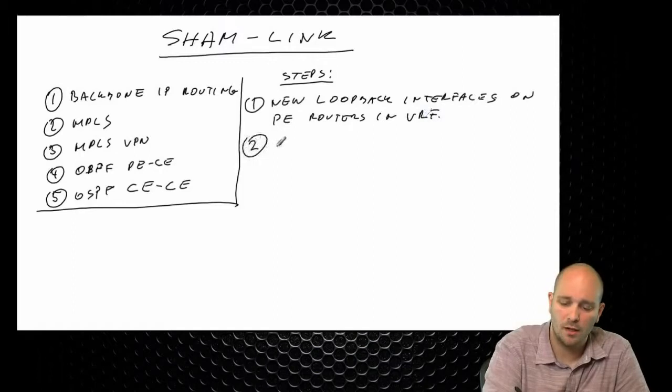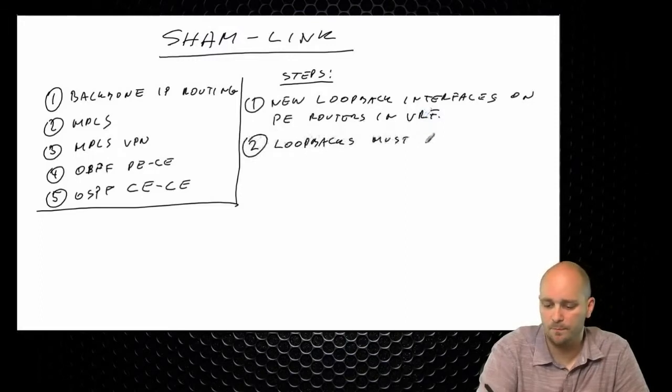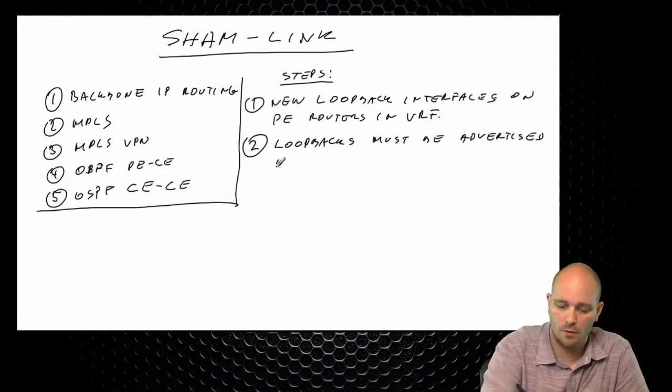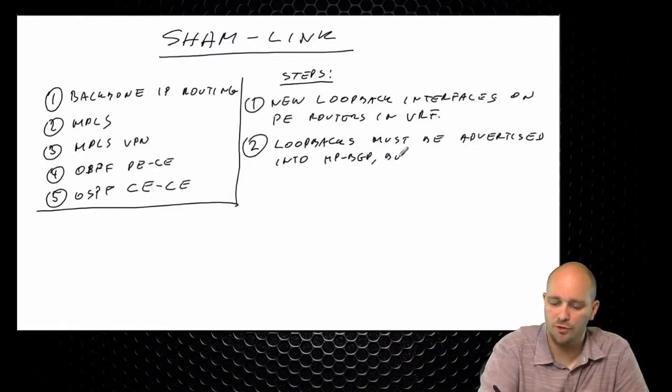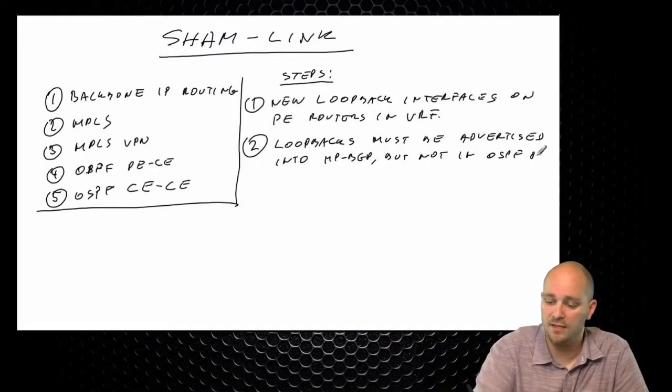Number 2, loopbacks must be advertised into multi-protocol BGP, but not in OSPF PE-CE.